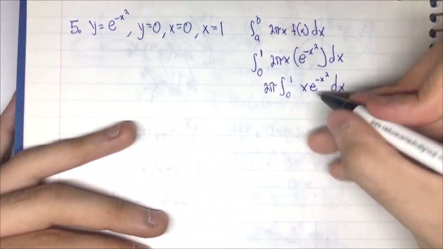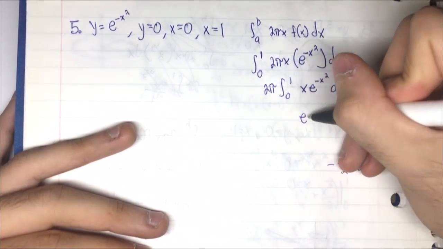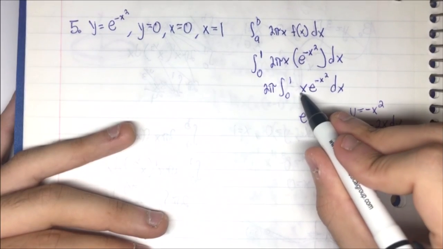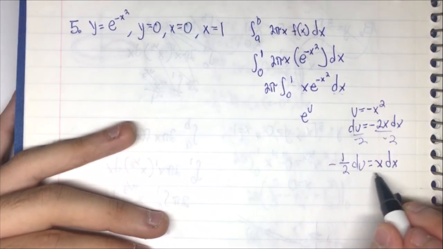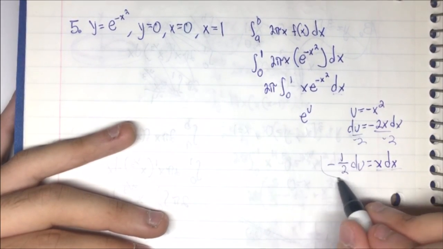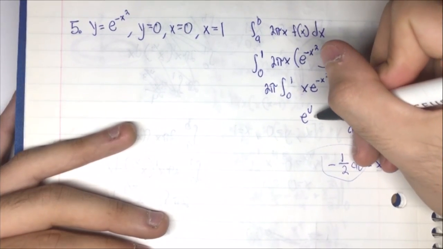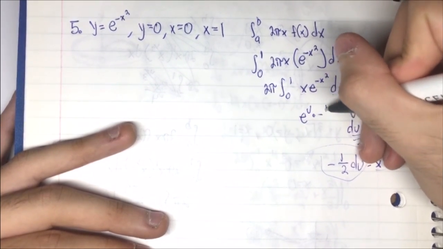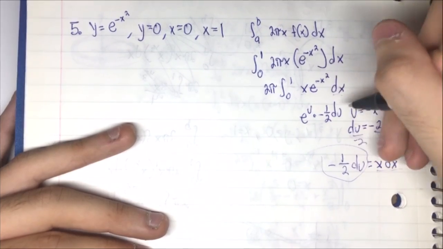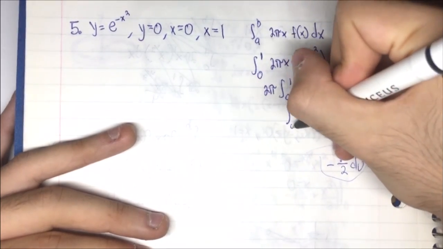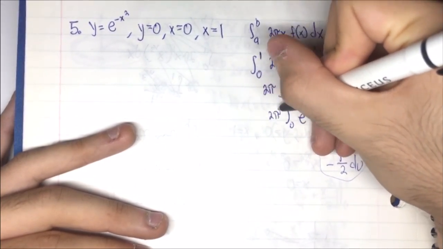Cool, so that gets replaced with u, and then we have left an x and a dx, so that gets replaced with this whole thing here. So times negative 1/2 du, and then we still have this stuff over here.